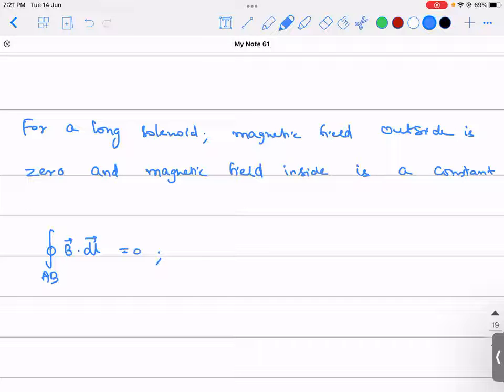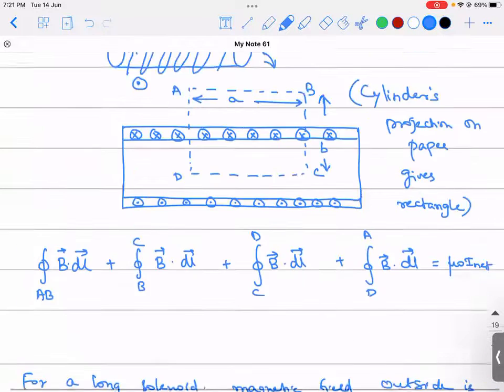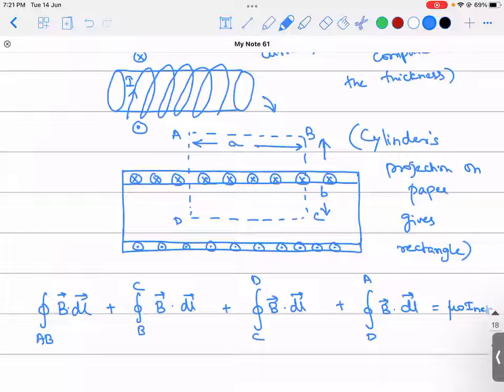Okay. And the line integral of B vector dot dl vector from B to C is also 0 because, listen to this carefully. What happens is the magnetic field inside will exist from right to left. Why is it so?